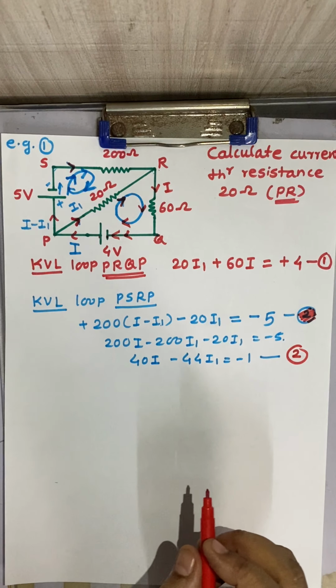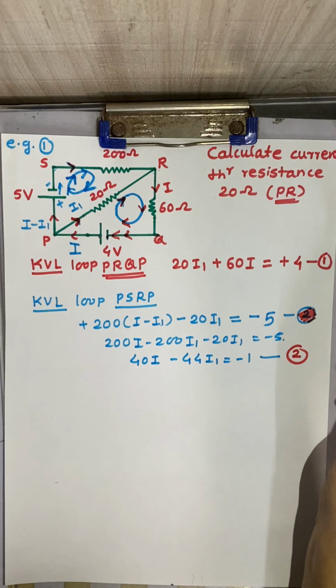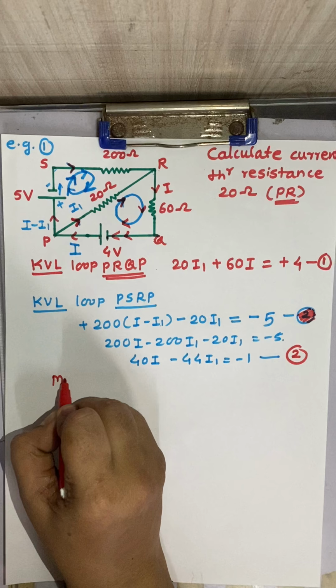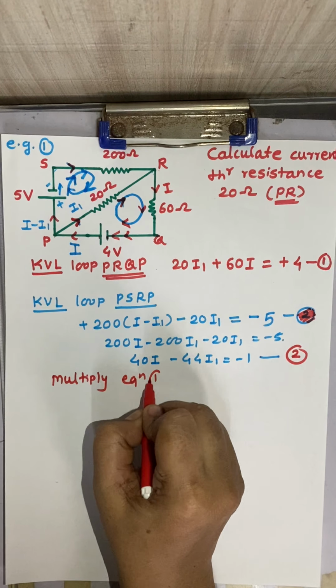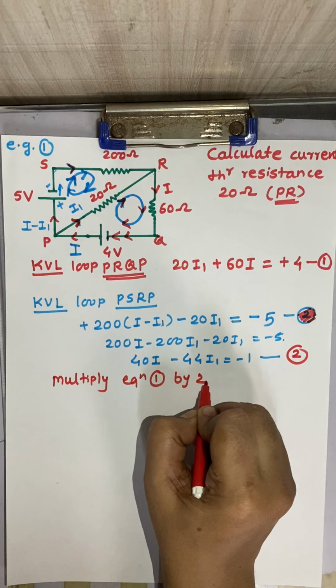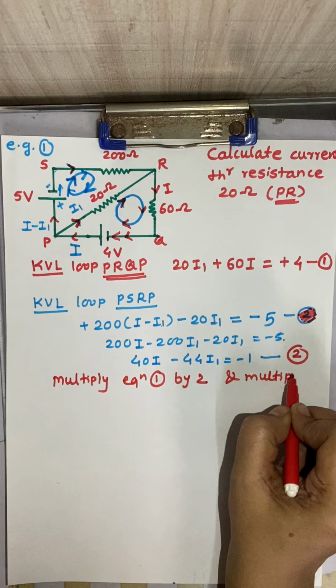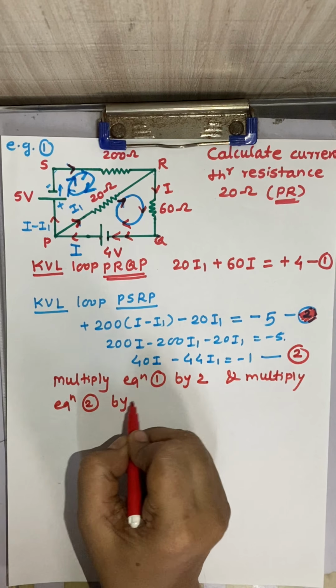Okay, now what we are going to do, we are going to solve these two equations. But first of all, for that we have to multiply this equation. Okay, so multiply equation 1 by 2 and multiply equation 2 by 3.